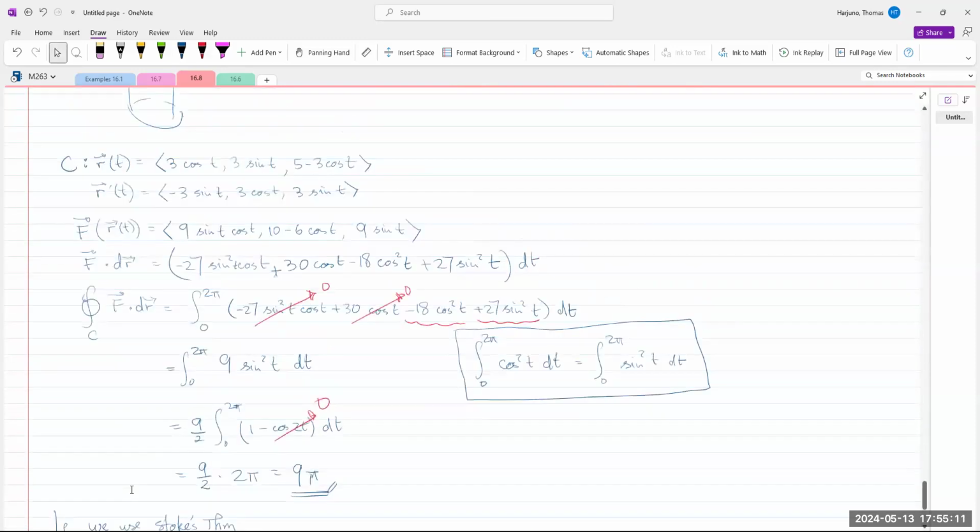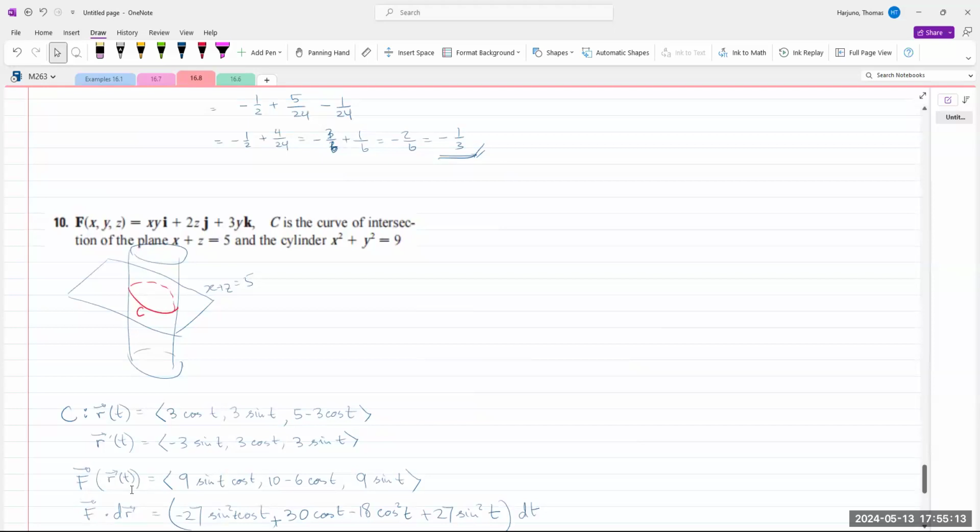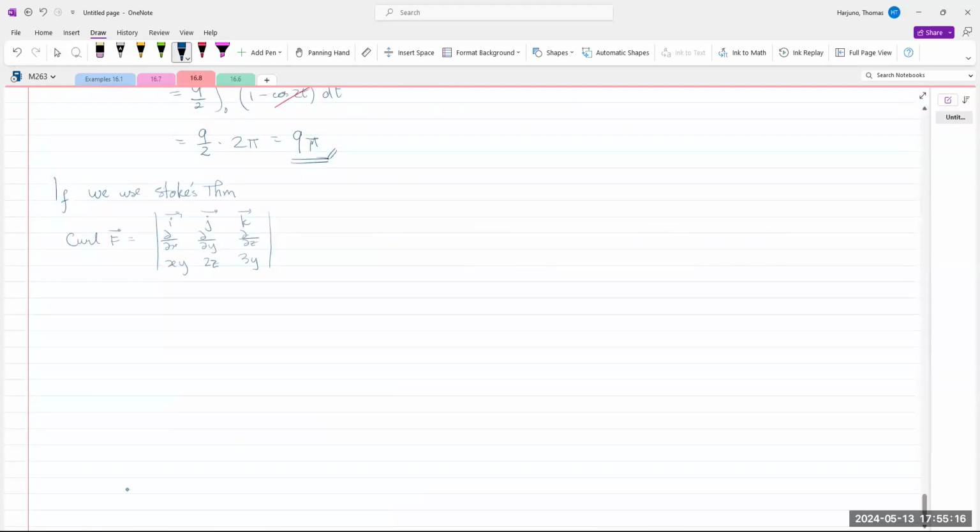Am I copying it correctly? xy, 2z, 3y, whose curl will be 3 minus 2, 0, and x. That's 1, 0, x. That's the curl of F.